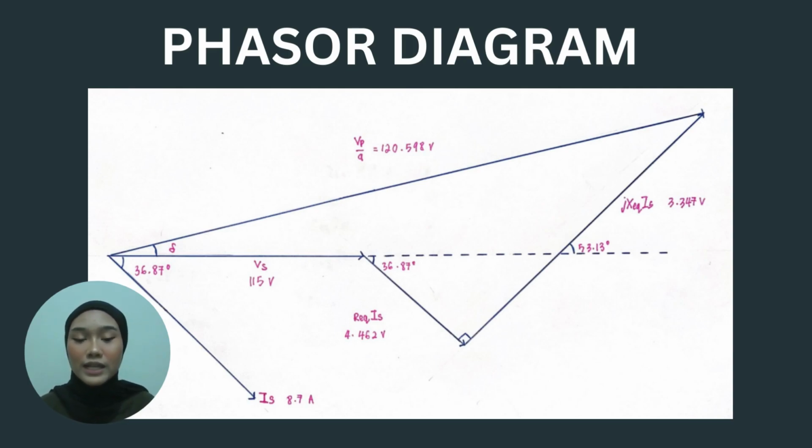Moreover, current secondary and R equivalent multiplied with current secondary have the same phasor angle, which is 36.87 degree, which can be referred from voltage secondary because our Vs is our reference angle. Lastly, voltage prime over A is constructed from origin to X equivalent multiplied by current secondary. So, this is how we construct the phasor diagram with lagging power factor of 0.8.